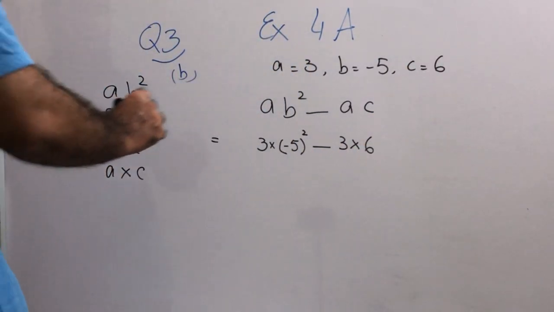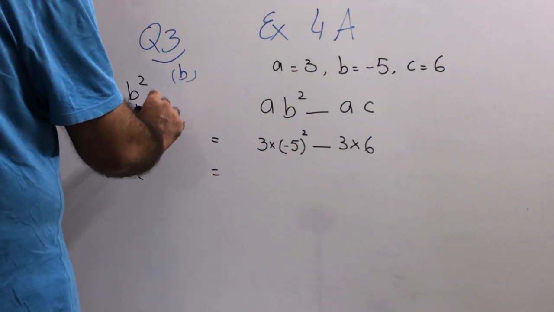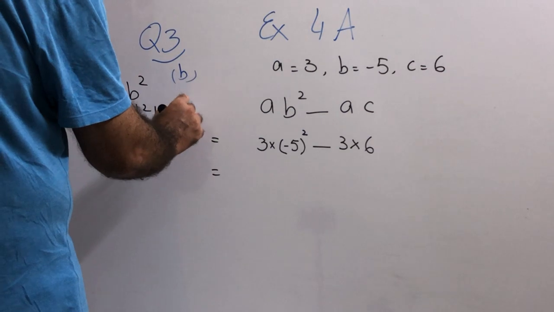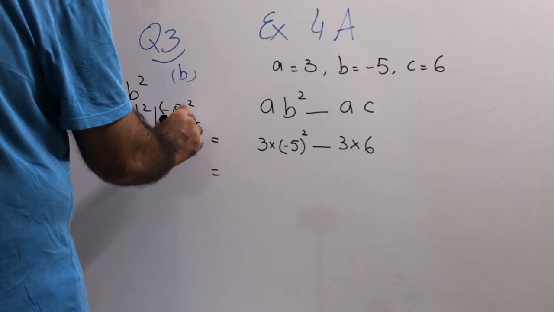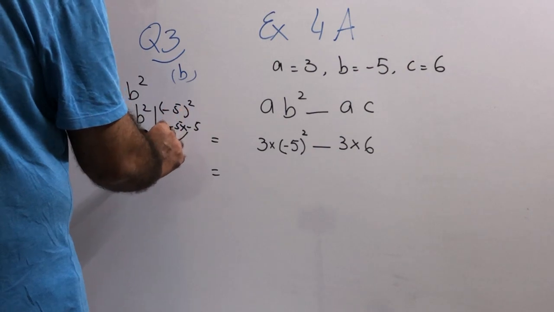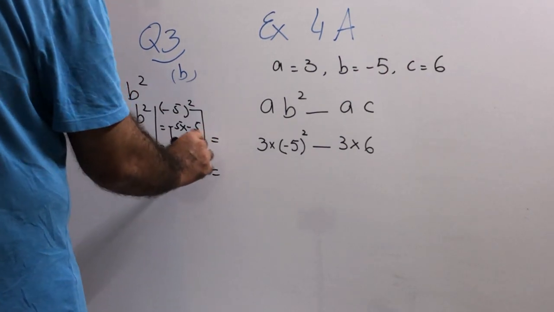Now this minus 5 square means minus 5 multiplied by minus 5. Minus will be multiplied with minus, it becomes plus. 5 into 5 is 25, its answer will be 25.